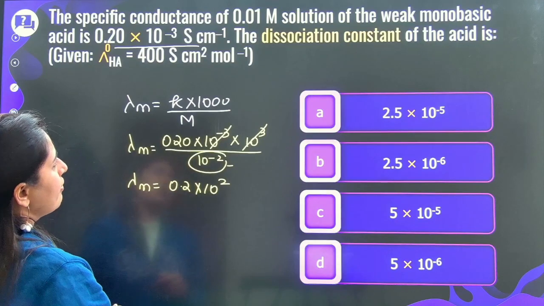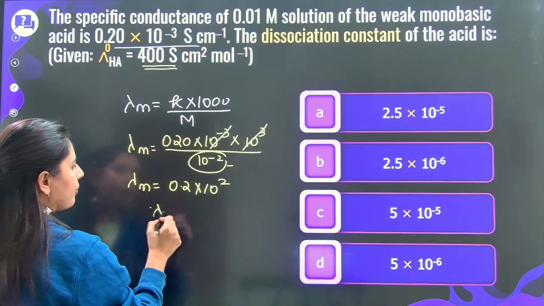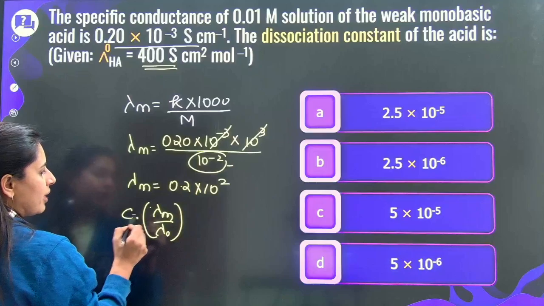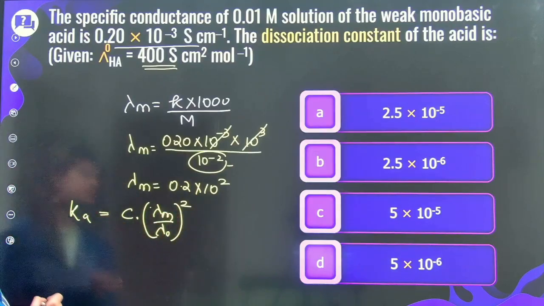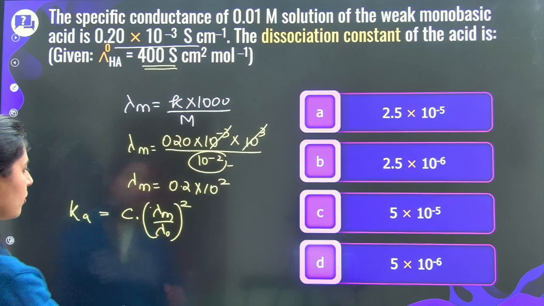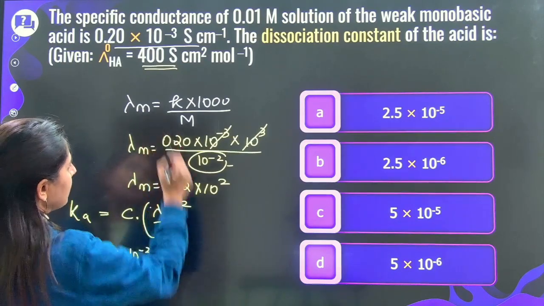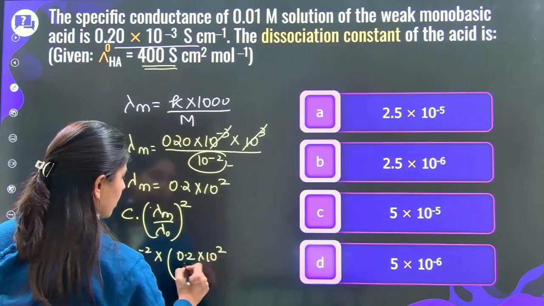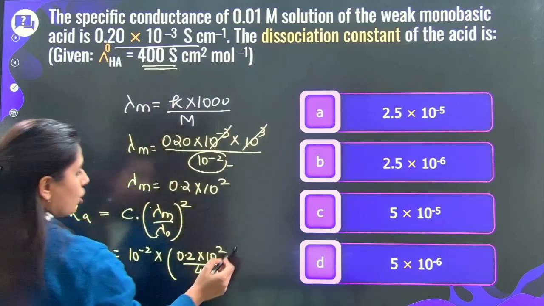Now, we have lambda naught given to us as 400. So you know that lambda m by lambda naught is your alpha, and if you multiply it by C and the square of this, you will get Ka for a weak electrolyte like HA. So you can just substitute the values. 10 to the power minus 2 into lambda m, which we just got as 0.2 into 10 to the power 2, divided by lambda naught, which is 400.